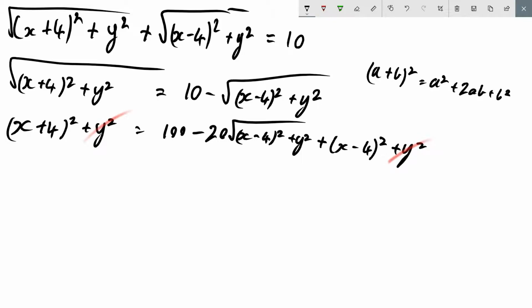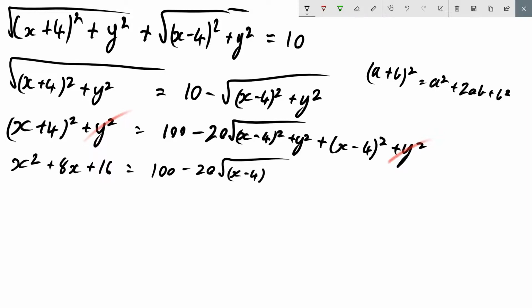I'm now going to expand these two brackets here, so we'll get x squared plus 8x plus 16 equals 100 minus 20 root of (x minus 4) squared plus y squared plus x squared minus 8x plus 16.